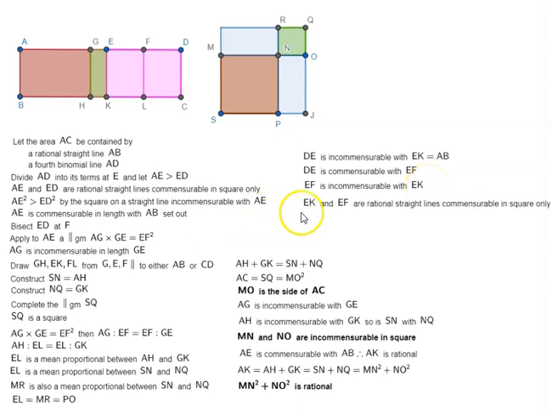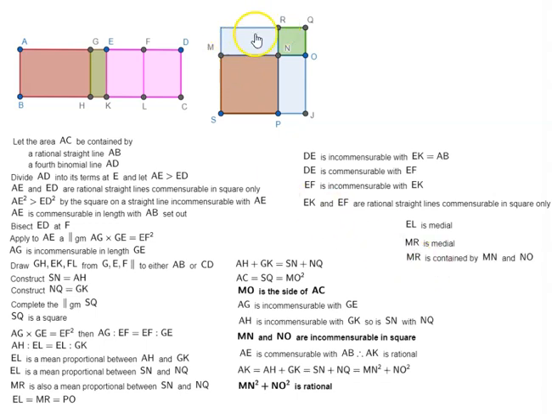So EK and EF are rational straight lines commensurable in square only, which means EL, the area contained by EK and EF, is medial, which means MR is medial. Why? Because EL is equal to MR.